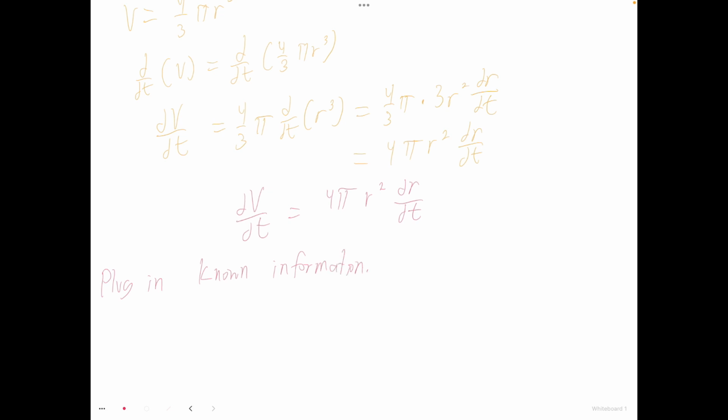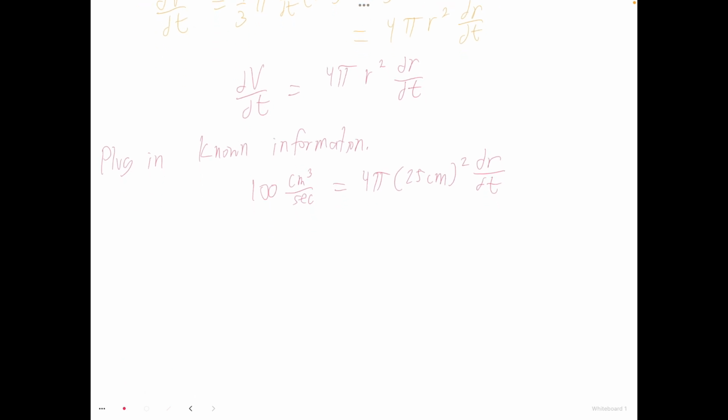Okay. And so we know the radius is changing at a rate of 100. So dV/dt is 100 centimeters cubed per second. Then we have 4π, r is 25 centimeters, so we'll have 25 centimeters squared, then dr/dt.